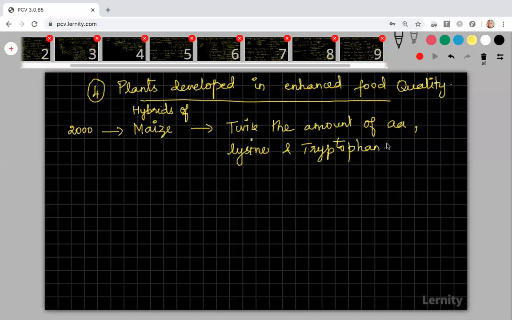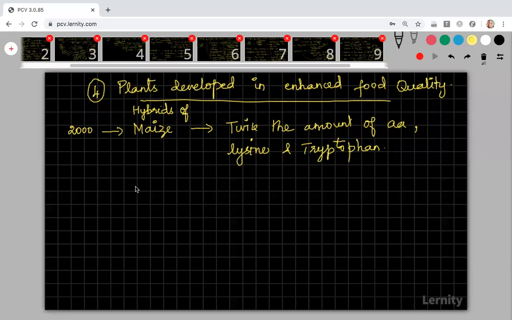Usually the maize plant contains lysine and tryptophan in very small amounts. But in 2000, we developed a hybrid variety of maize which consists of twice the amount of lysine and tryptophan compared to the existing maize breeds.